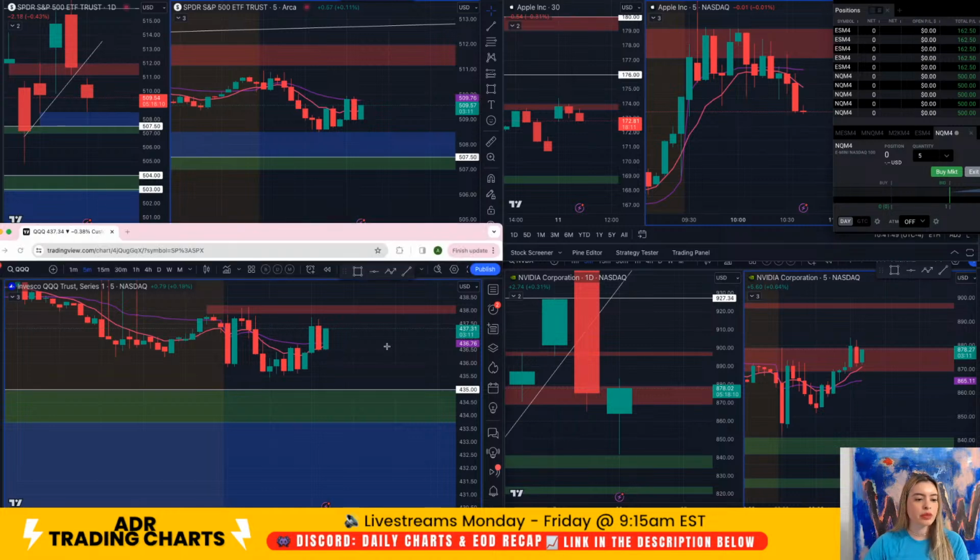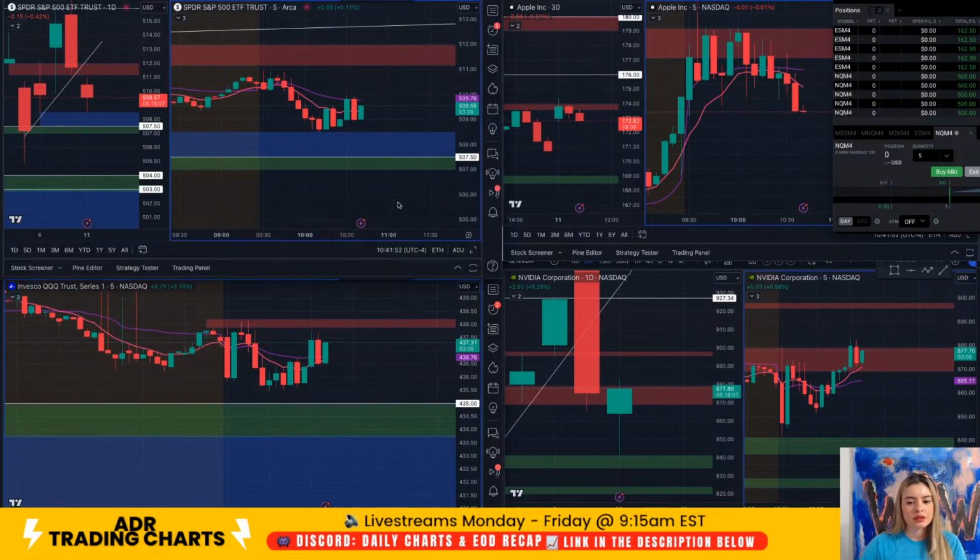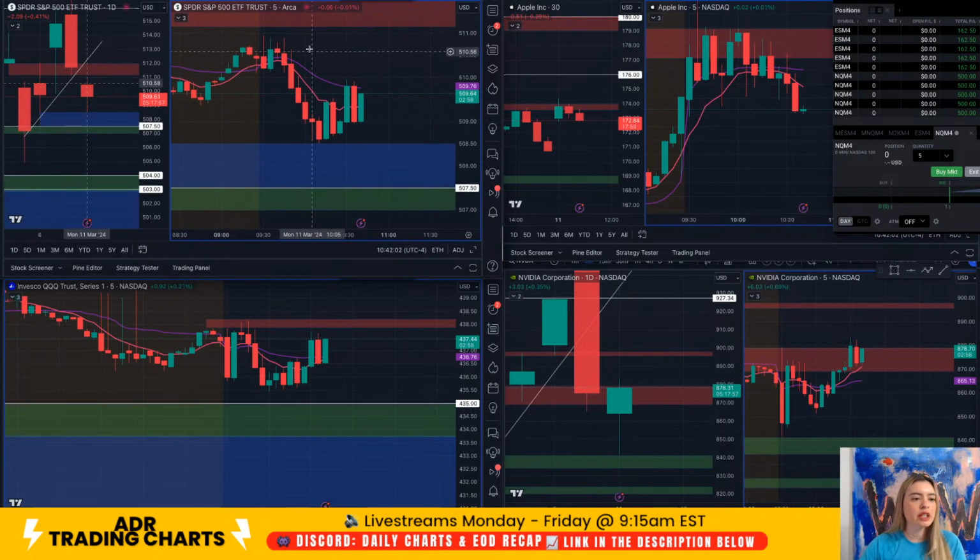Let the Q and SPY keep holding. It's Nvidia that's holding the Q and SPY. But SPY could also be making a bear flag, right?